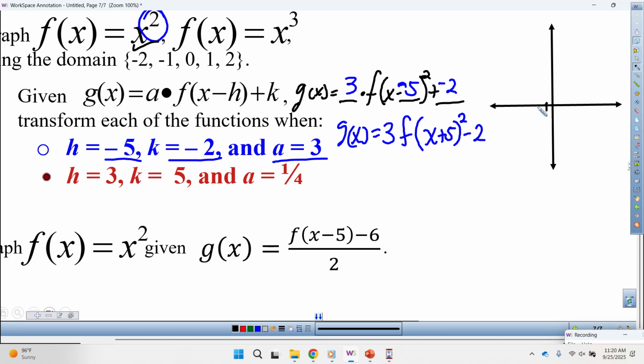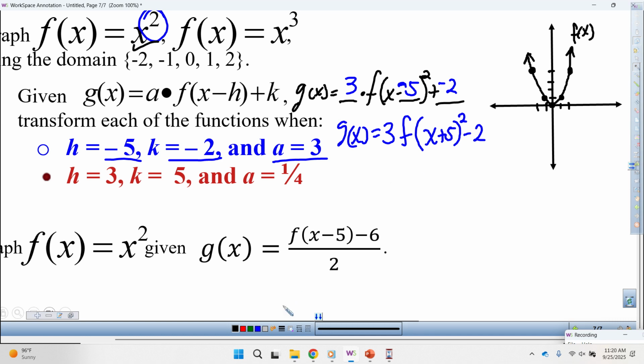So I got -1, -2, 1, 2, 3, 4, and the points -1, 1, 0, 0, 1, 1, 2, 4. And that is my f of x.